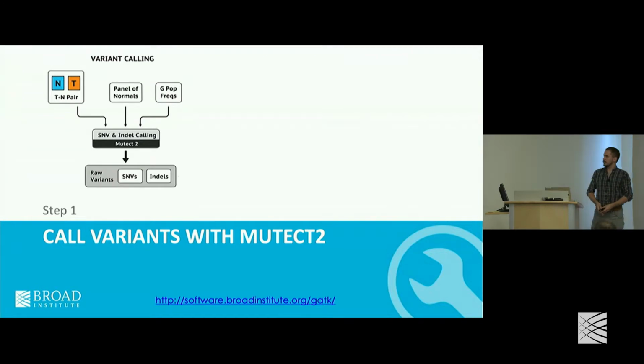Okay, the first part of the workflow is where the calling happens. That actually outputs a raw VCF with unfiltered variants. And here we kind of assume that all the reads are independent. So for example, if we see 3 reads that support a certain variant, we will be likely to say that it's probably a real variant because we have 3 independent sources of information, so we'll call it.